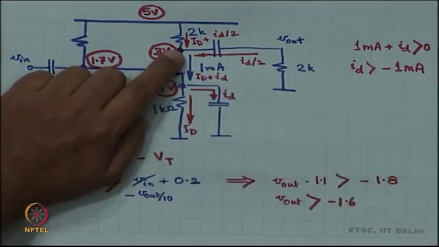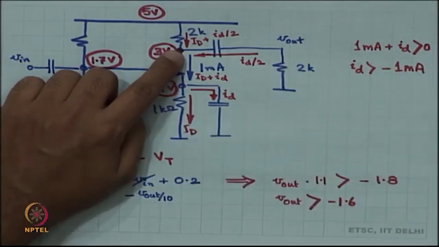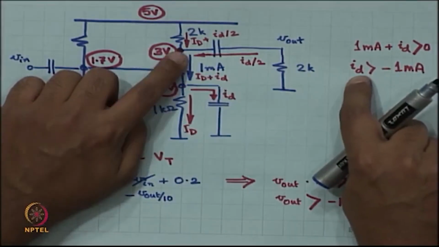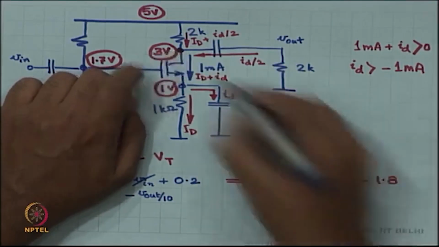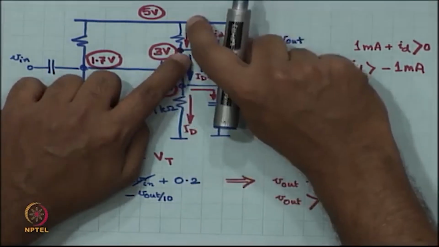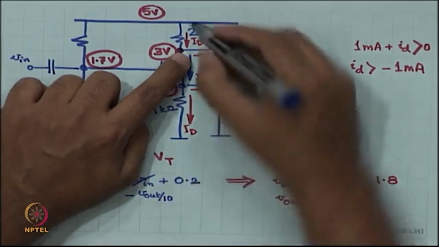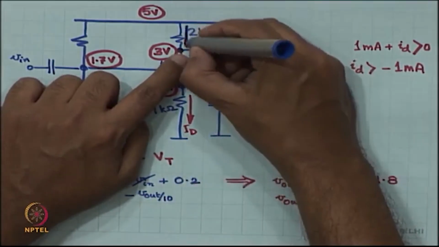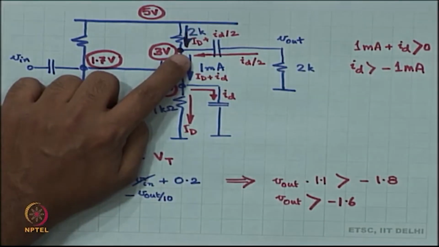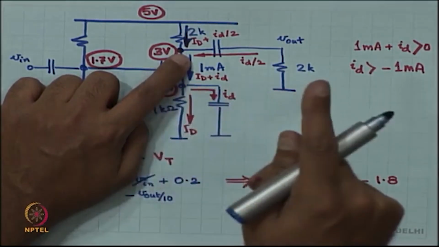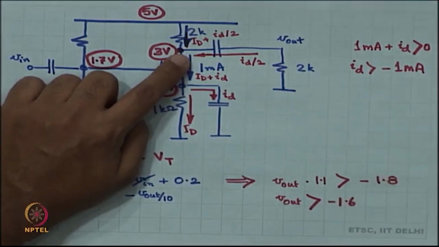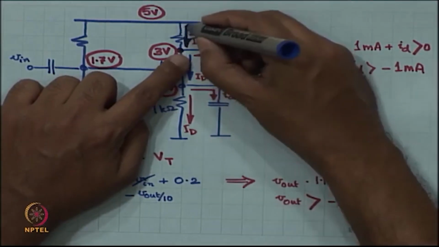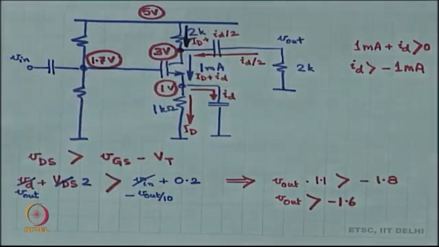So, the change in the drain voltage is V out. The smallest value of small id is minus 1 milliampere. Okay. So, therefore, the smallest value of the current through this resistor is 1 milliampere plus minus 0.5 milliampere. Okay. So, the lowest value of this particular current is half a milliampere.